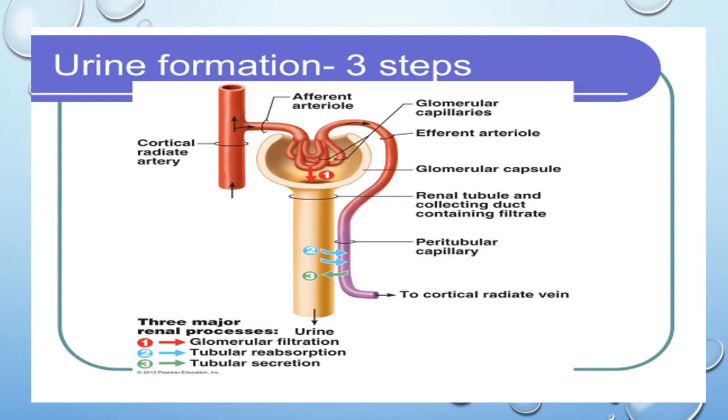So you're going to see quickly how important it is that urine formation takes a 3-step process. The first step is glomerular filtration. The second step is tubular reabsorption. The third and final step is going to be tubular secretion.